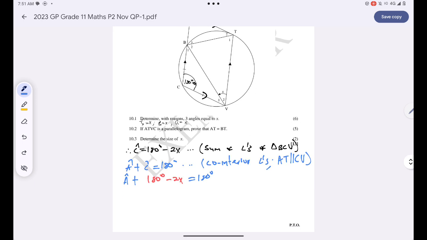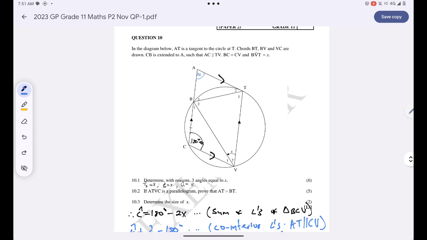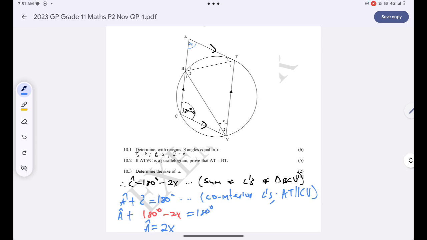Whenever I take the 180 and the 2x to the other side, I'll be left with angle A being equal to 2x. Are you together? So I now know that this angle over there is 2x.